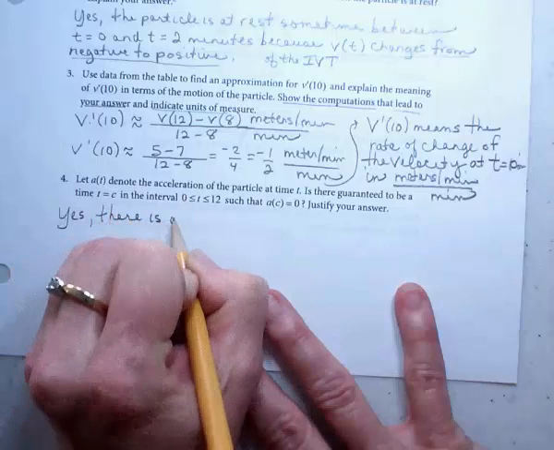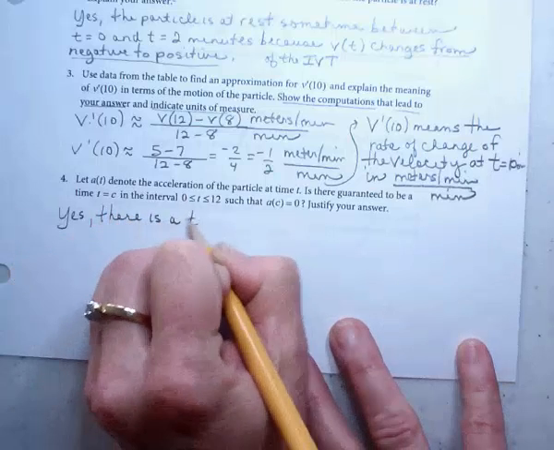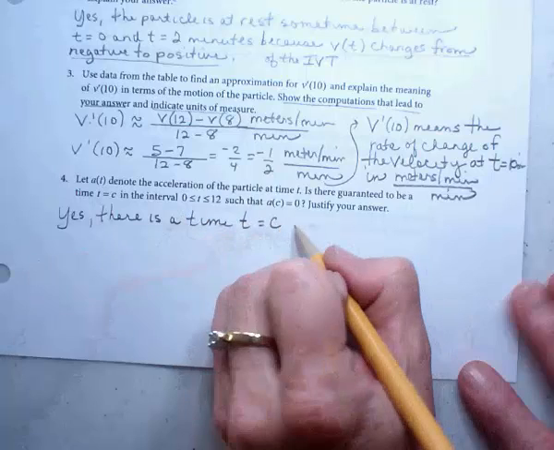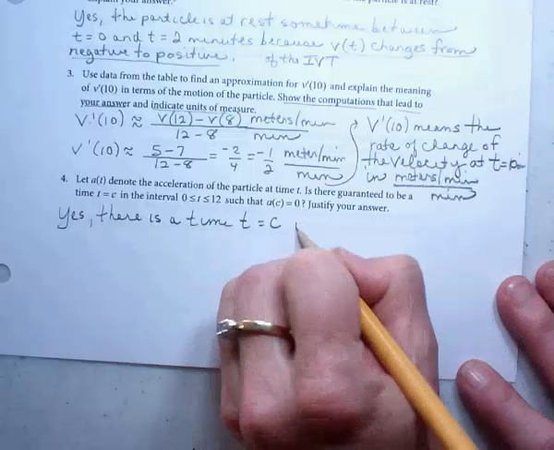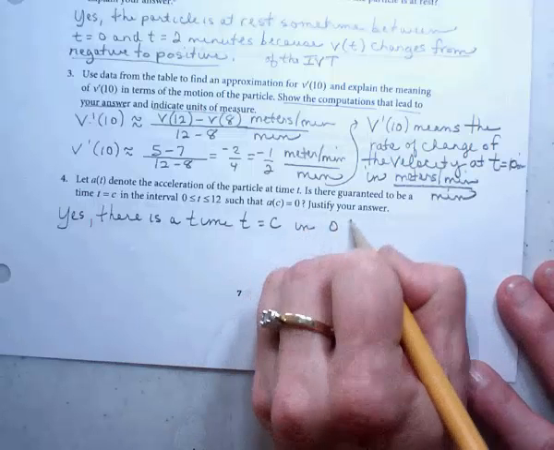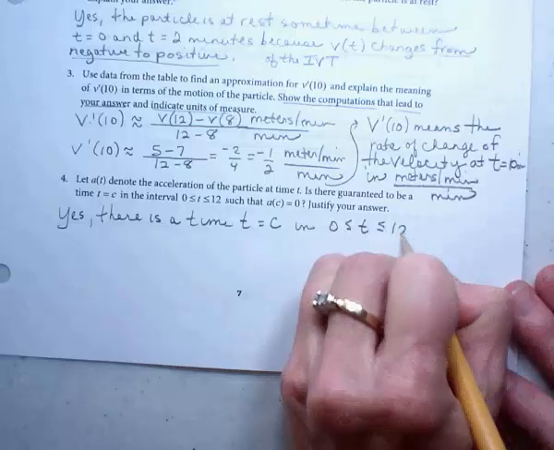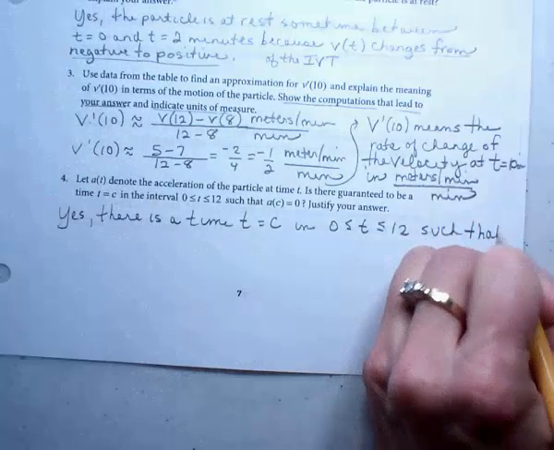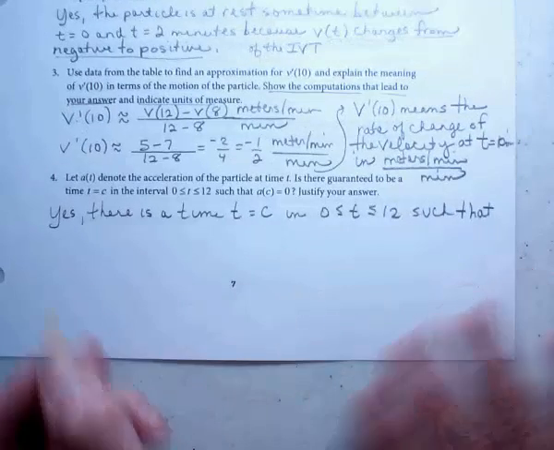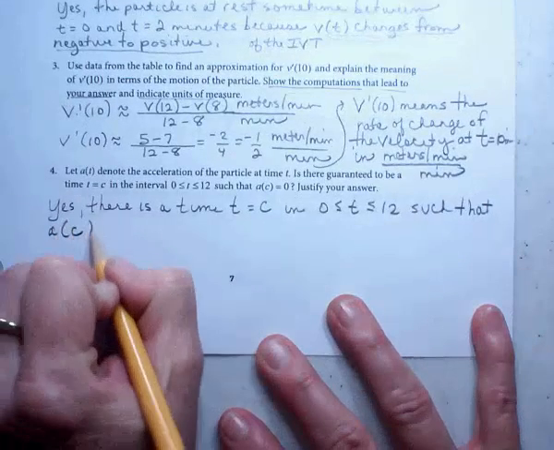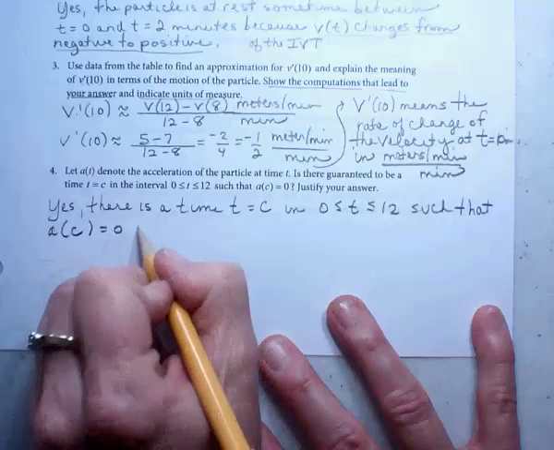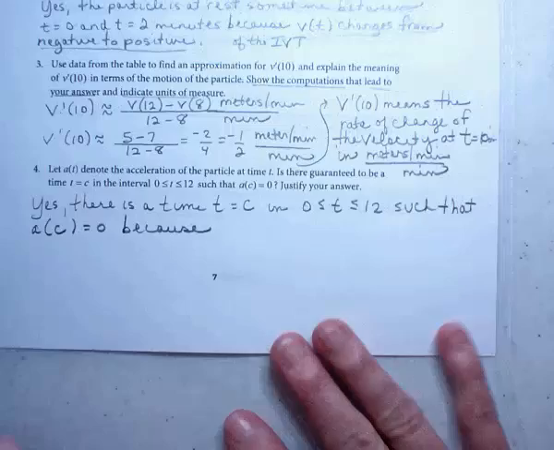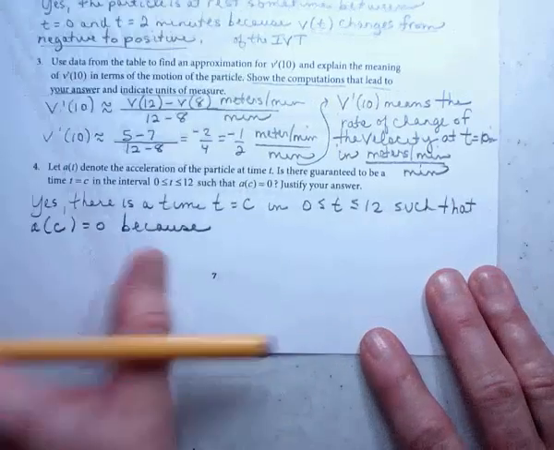There is a time t equals c in the given time interval such that a of c is equal to 0 because, okay, will I ever have a 0 slope?